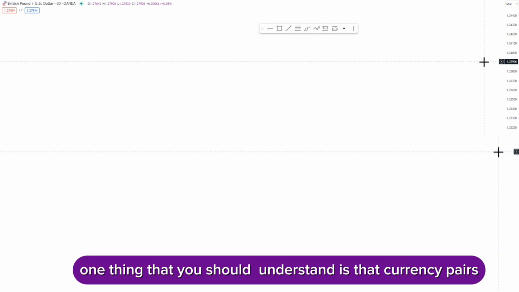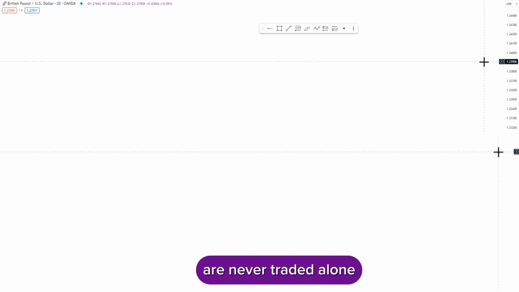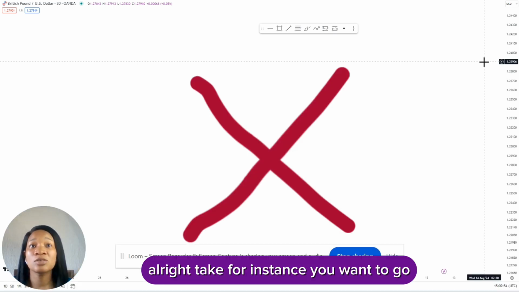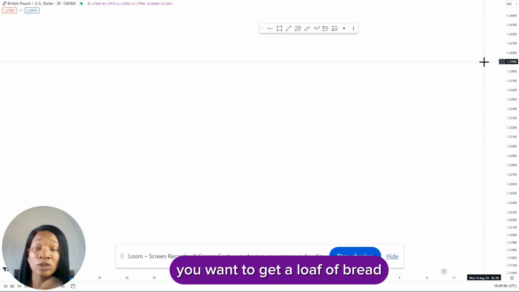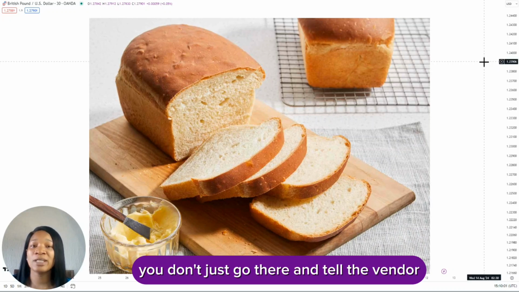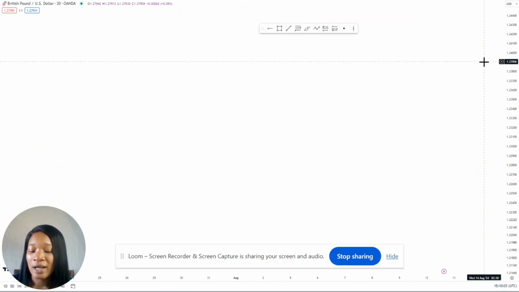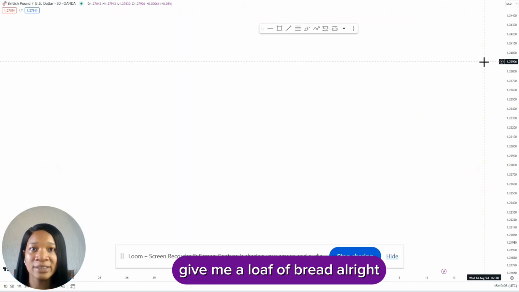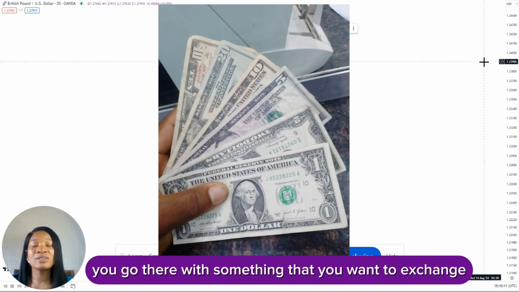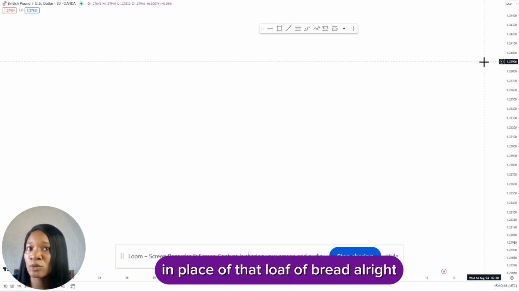One thing you should understand is that currency pairs are never traded alone. All right. Take for instance, you want to get a loaf of bread. You go to the market or the supermarket and you want to get a loaf of bread. You don't just go there and tell the vendor, give me a loaf of bread. All right. You go there with the intent of paying. You go there with something that you want to exchange in place of that loaf of bread.